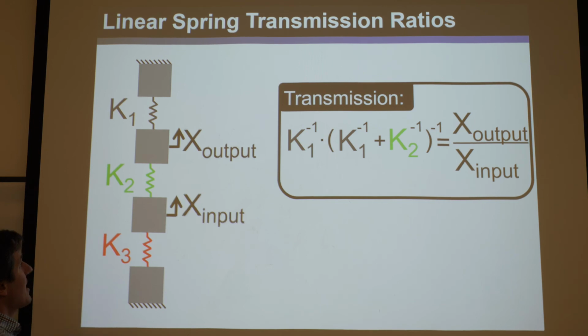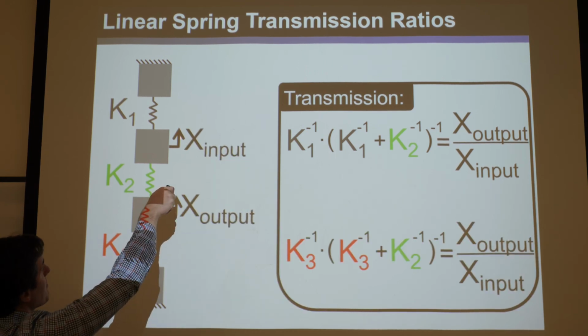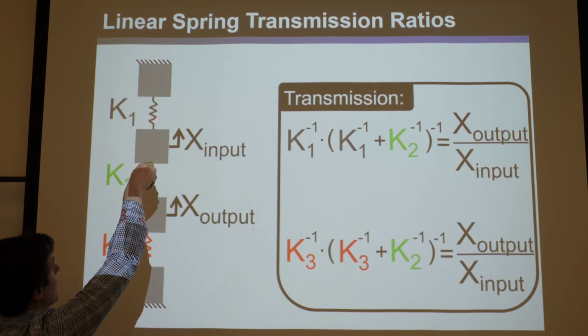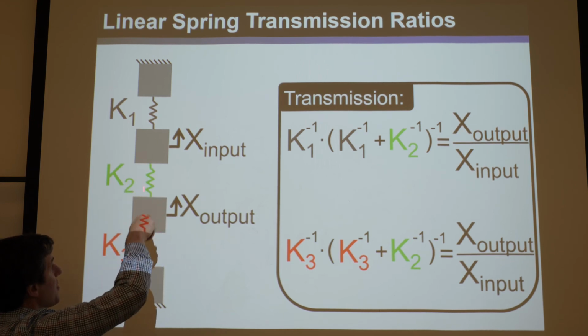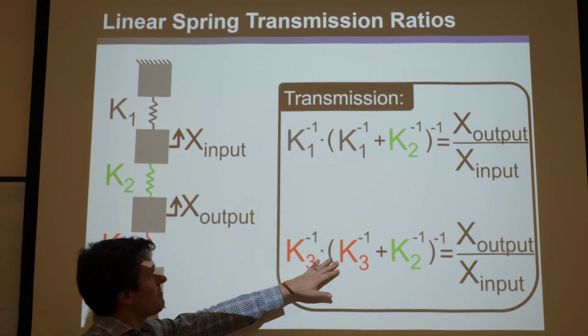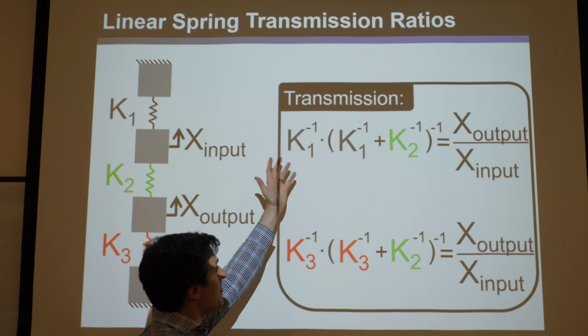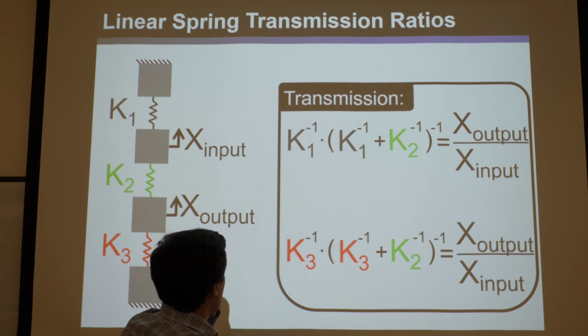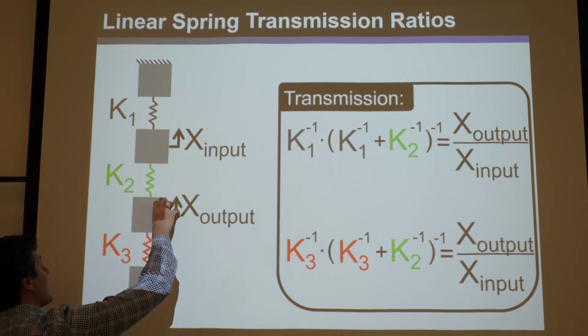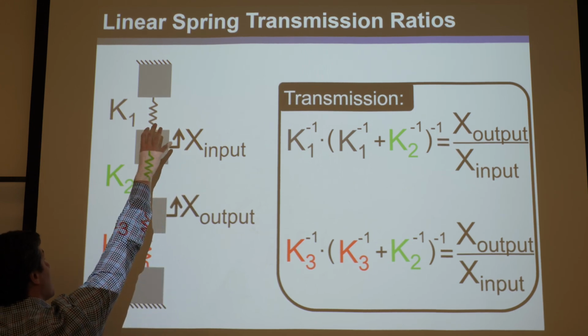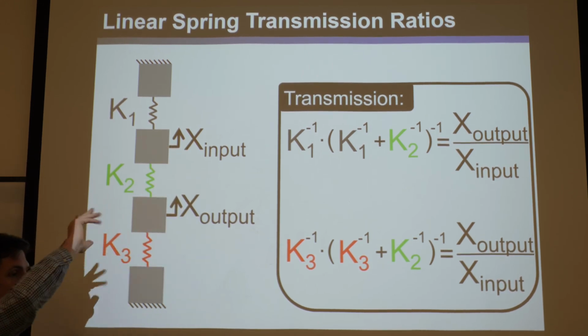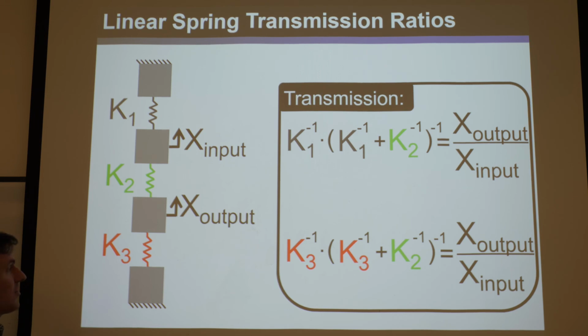And the same thing now: if I force this to be the input and I displace it, it's totally independent of K1, but totally dependent on K2 and K3. So if K1 and K3 are dramatically different, then whether I make this the input and that the output, or vice versa, it's going to be totally different.